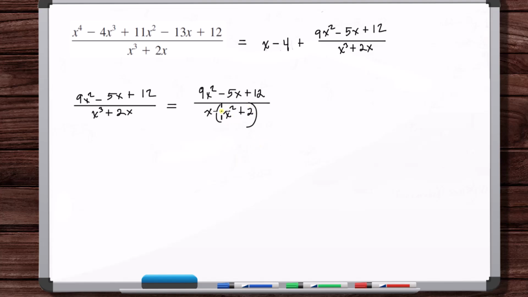There's nothing more we can do here. You can see we've got a linear factor here, ax plus b, where a is equal to 1, b is equal to 0. And then we've got a quadratic factor here, where a is equal to 1, b is equal to 0, c is equal to 2.